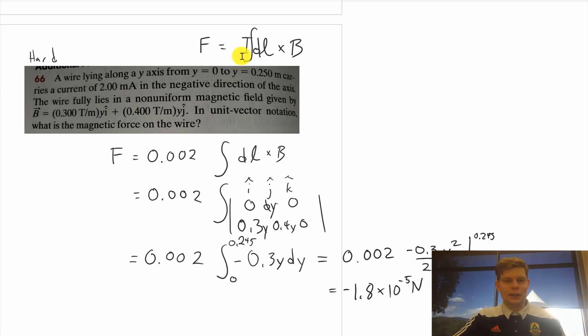It actually doesn't end up being as terrible as you think. But anyway, we've got a wire along the y-axis in a magnetic field that varies depending on where you are in the y-axis. So that's fun. Anyway, we basically just set it up like you'd imagine you would.